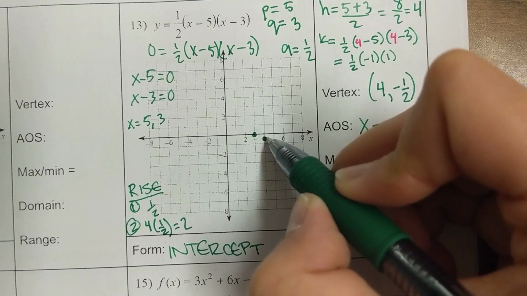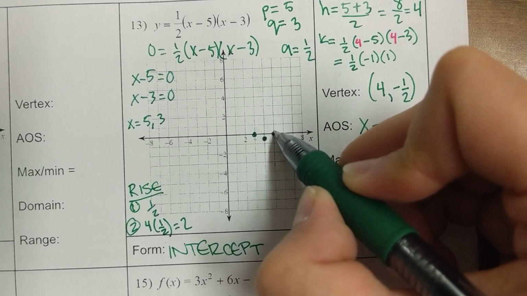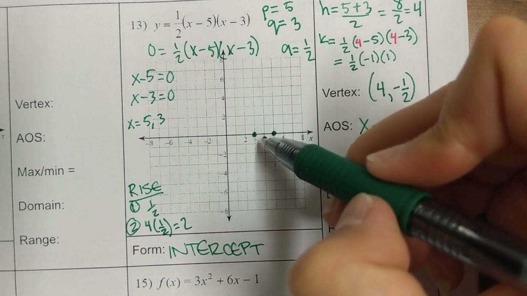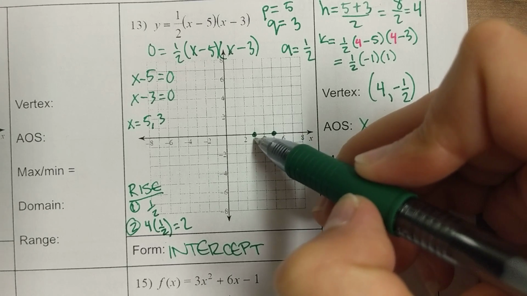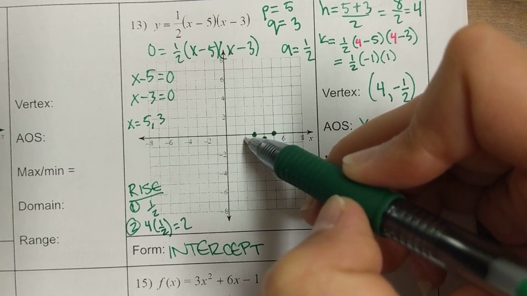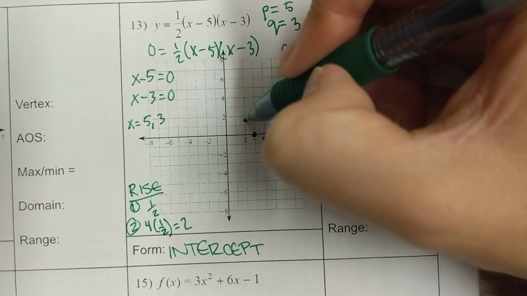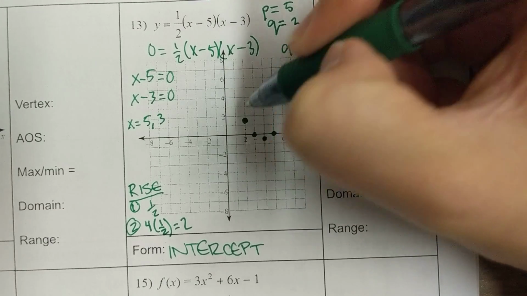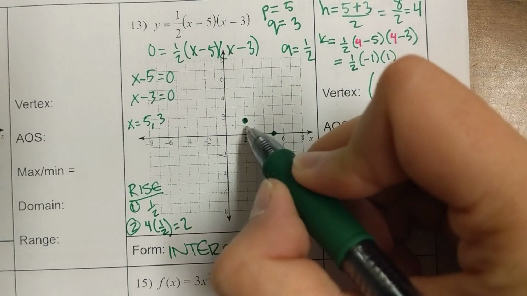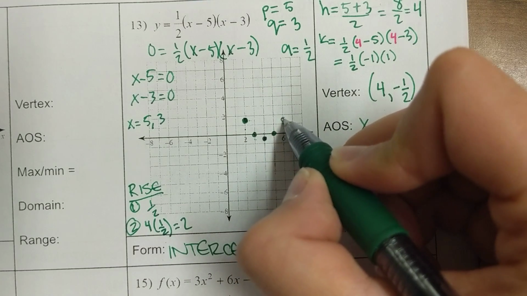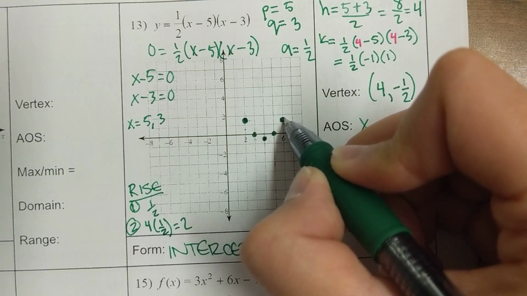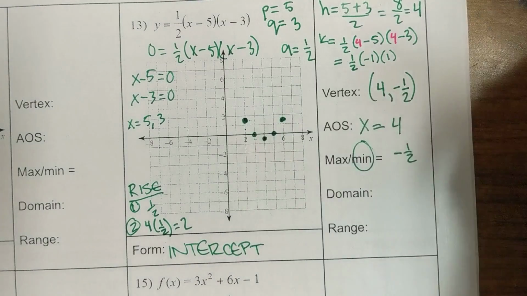Go back to the vertex, right 1, and half a unit up. Go back to the vertex, 2 units to the left, and then 2 units up, in between 2 grid lines. And then reflect that point over here, because you know it's symmetrical.